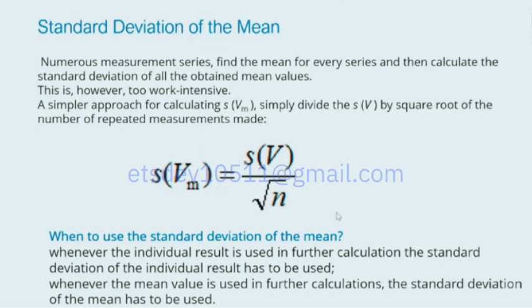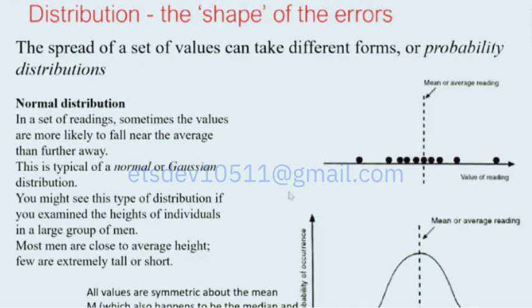Whenever the result that we are reporting is used in further calculations, the standard deviation of the individual result has to be used. Okay, and whenever the mean value is used in further calculations, the standard deviation of the mean has to be used.